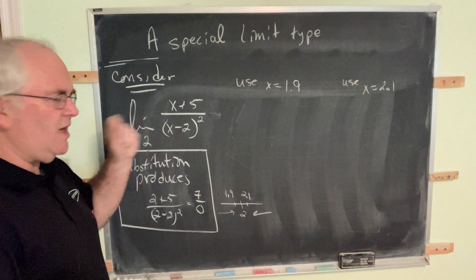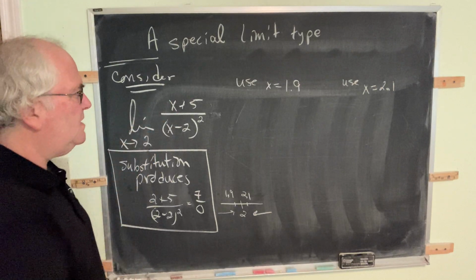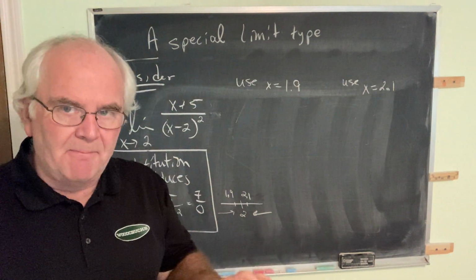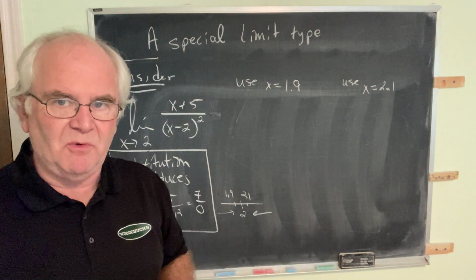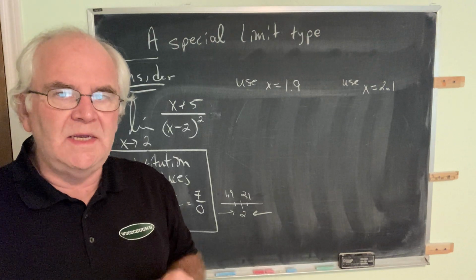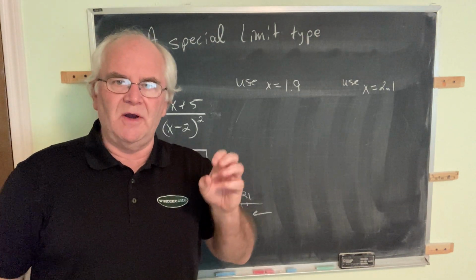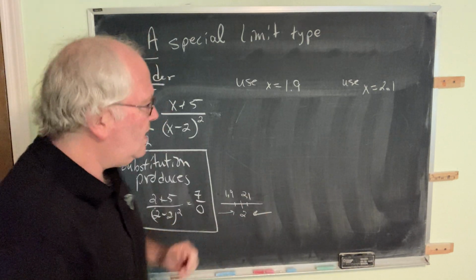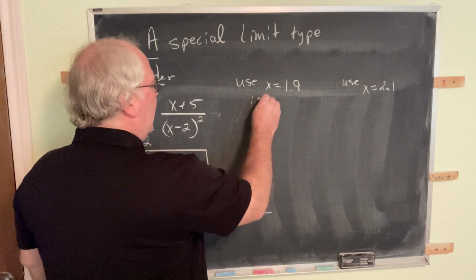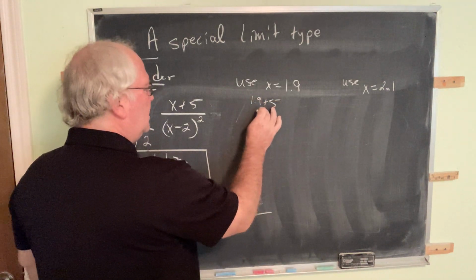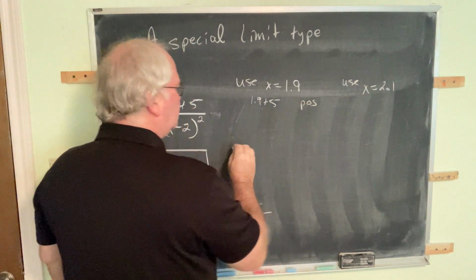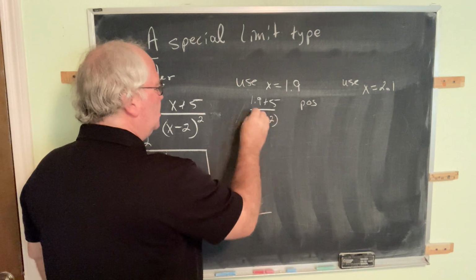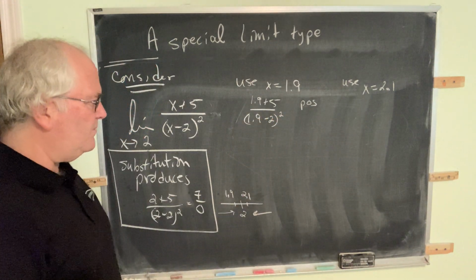Now, substitute into here. Substitute 1.9 into here. We don't need the specific number, although you're free to write that specific number if you like. All we need to know is whether the numerator and the denominator are positive or negative. That's all we need. Now, for the record, 1.9 plus 5 is positive, over 1.9 minus 2 quantity squared.